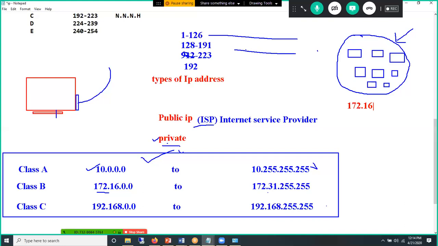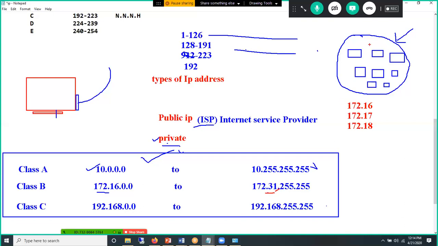Instead of 172.16, I can also use 172.17, which is also free. Similarly, 172.18 is free, 19 is free, up to 31, the IP addresses are free.